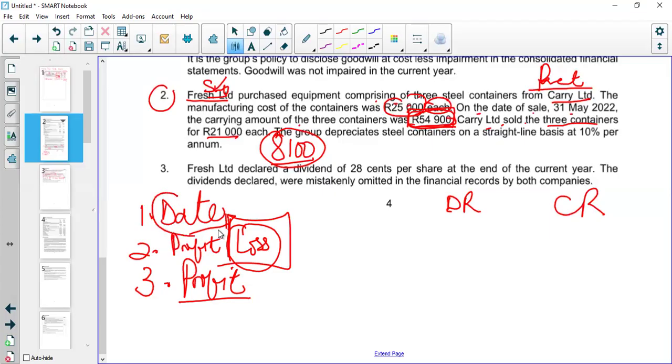So remember the dates. Also remember that it's either the profit or loss that we deal with. So the profit, the amount that we'll be dealing with is 8,100, right? So when is this? When was this profit recorded? Or when was this profit accrued? So this is on 31 May 2022.